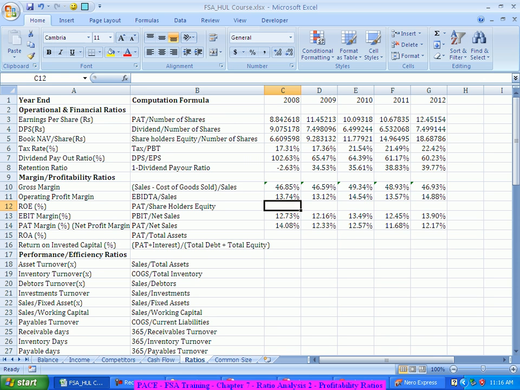It's not about 1 rupee of sales. 1 rupee that came into the company, what is the profit? Right? The higher the ROE, the better is the performance of the company. Straightforward interpretation.